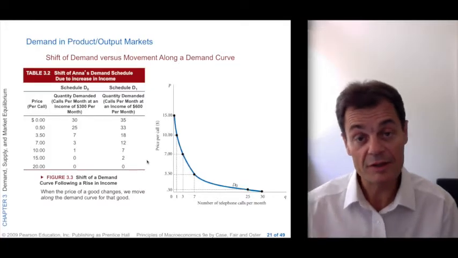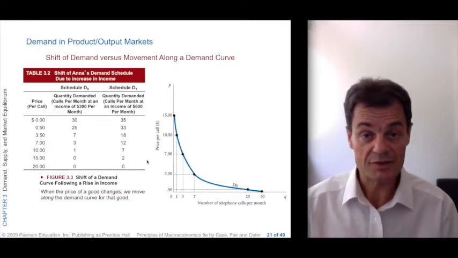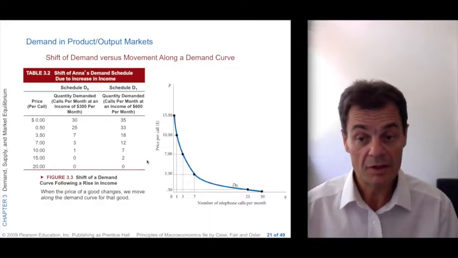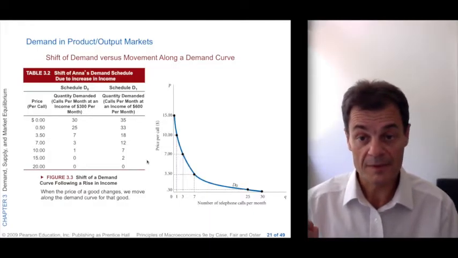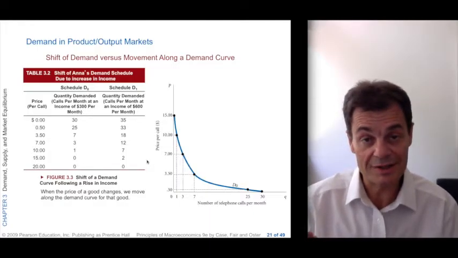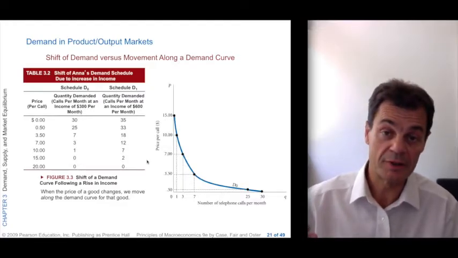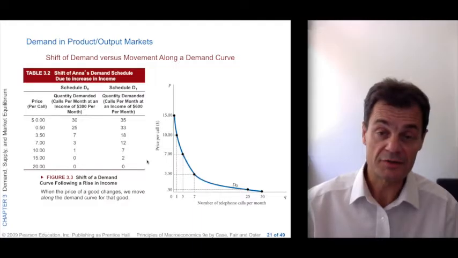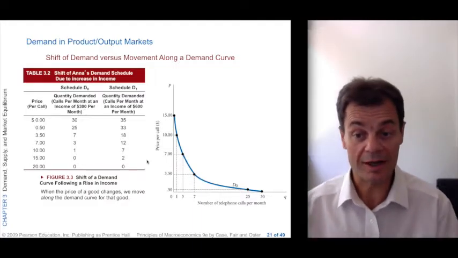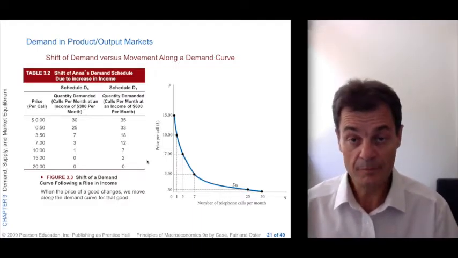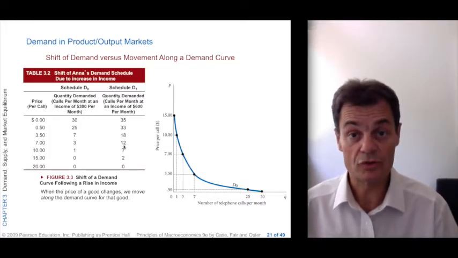But there can be another impact that changes Anna's behavior. That can be the fact that there is a change in factors other than the price. Let's say Anna has become now more wealthy. She has obtained a salary increase, her income has gone up, and now for the same prices she is inclined to consume more.